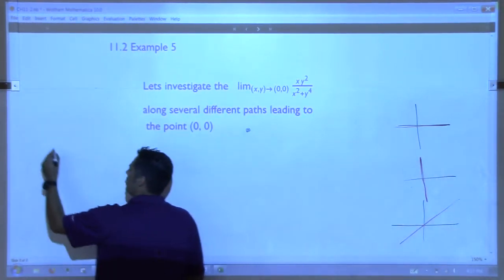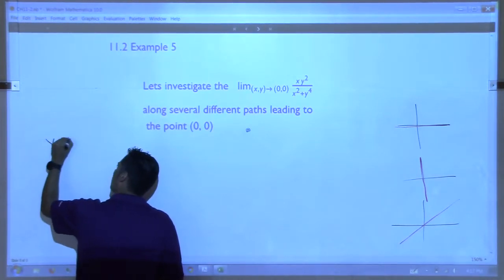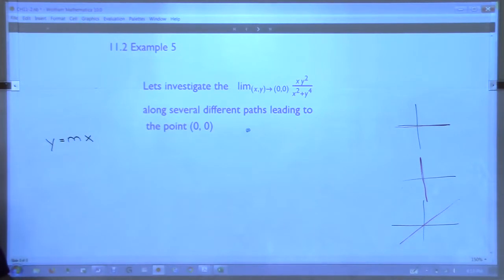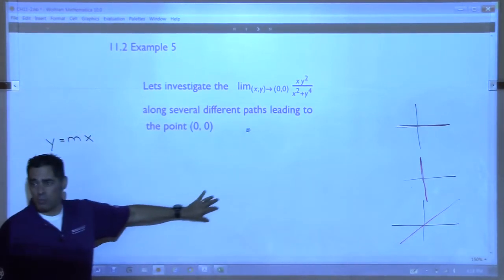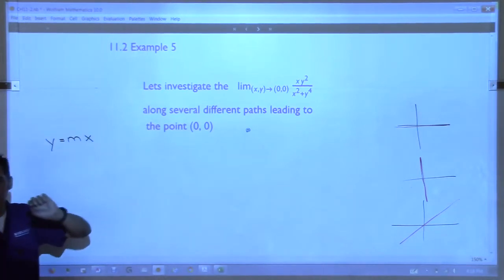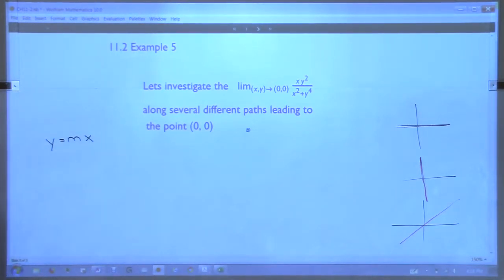I'm going to let y be equal to mx, where m is some constant. If I change m to 1, that's what we just did, right? If I change m to 2, that's going to give me a slope of 2. 3, 4, 5, or I could even do negative slopes. So when I do this limit, I'm going to get an expression that has m in it, and I'm going to look at that and see if I have any way of making that something other than 0.